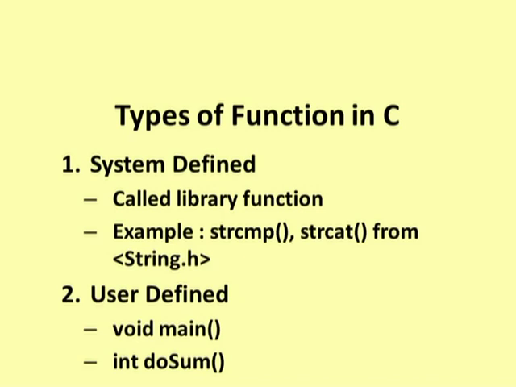This means when we try to run the C program, our operating system tries to call the main method, and it is the main method of the C program. So main is required to run every C program. It is a reserved function, but the statements available within the main method are written by the user. So we call this function a user defined function.